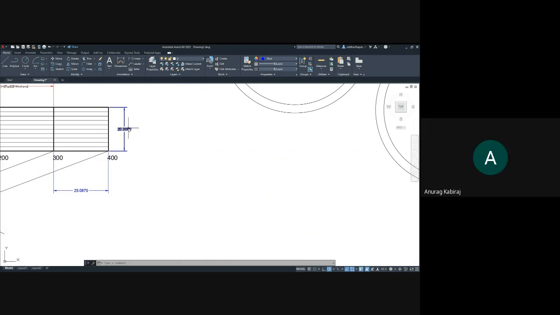The other way of dimensioning, and I am not sure how to do that in AutoCAD, would be called aligned dimensioning, and for that I would try to show it on Paint.